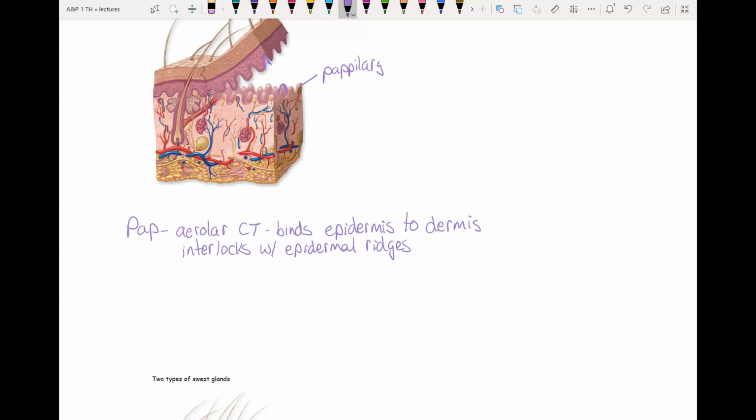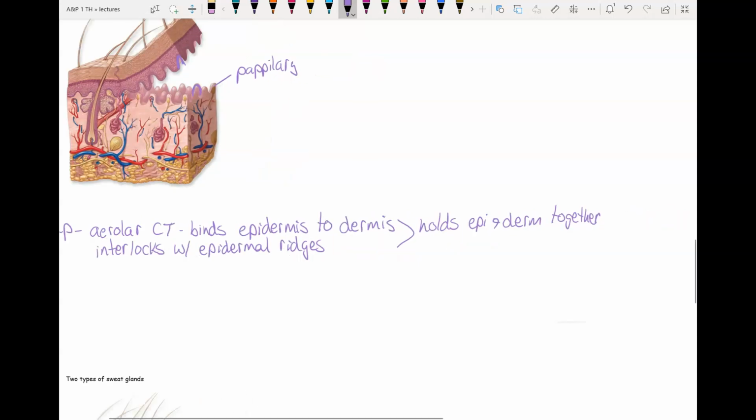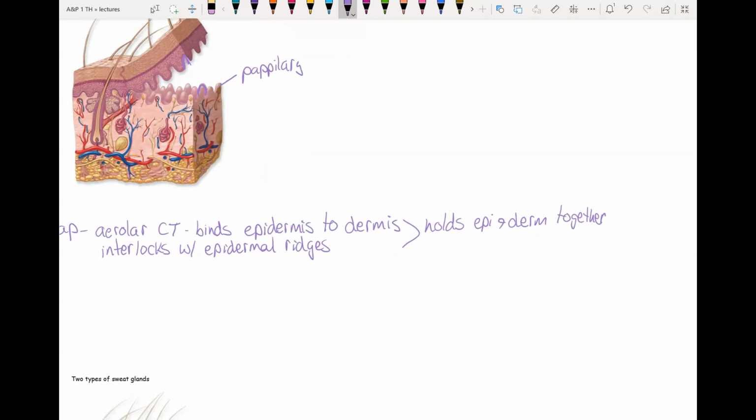So the fact that it's areolar connective tissue and that it's bumpy to interlock with the epidermis is what holds epidermis and dermis together. And this can fail. If you have a lot of friction, like say you get new shoes and they're rubbing your heels, that can fail. When this fails to hold together, that is when you get a blister. So a blister is the epidermis separated from the dermis.